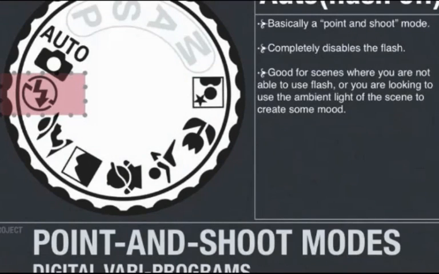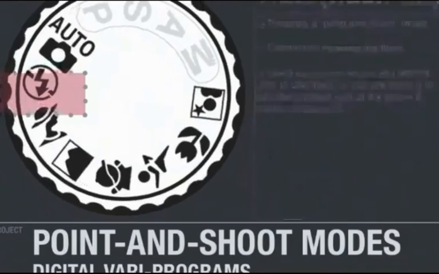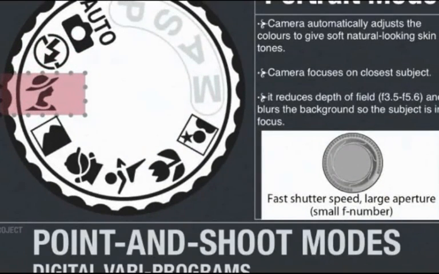Now this next mode that we've got is pretty slick. It's called the portrait mode, and the portrait mode has an aperture that is very large, so a small f number, and a very fast shutter speed. This means that the camera is very open. When you take a picture, you're going to have a very shallow depth of field, so an f3.5 to f5.6, and the subject will be in focus, but what's in front of the subject and what's behind the subject will be out of focus.